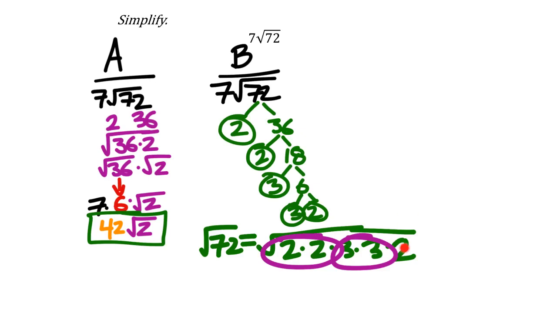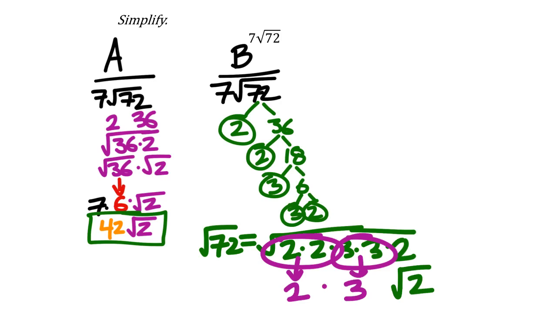Now, you may be wondering, well, what about this 2 right here? Well, I already found a pair of 2's that matched. There is no other 2 to match with this one, so it's just going to stay in that square root, right? Well, the square root of 2 times 2 is just one single value, 2. And same with the pair of 3's, since it's a square root, it just comes out as a single 3.